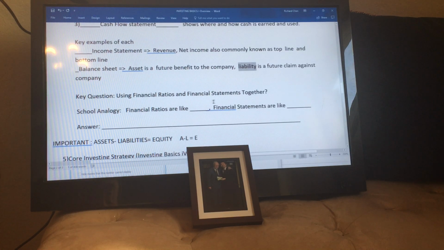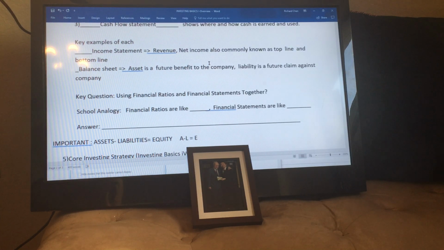Everyone's gone to school, whether grade school, high school, or university. There are two elements used together to assess the student's academic health, basically how well the student's doing in school, right?